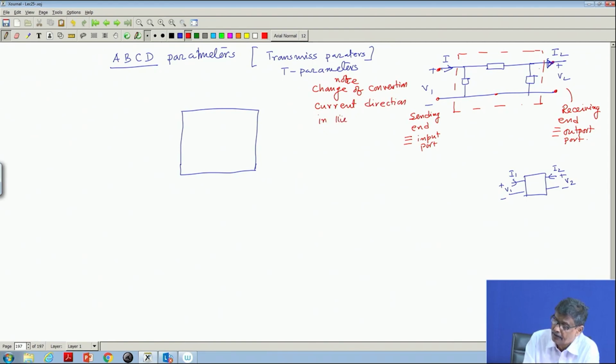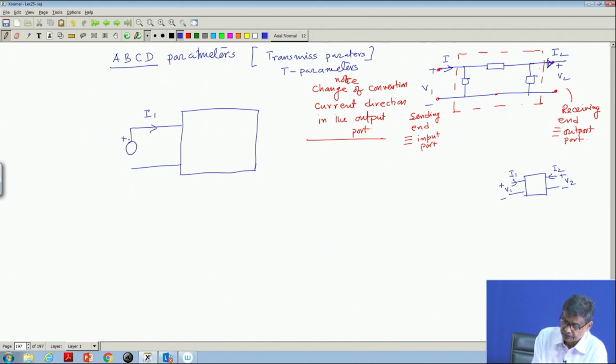While describing the network parameters in this form, for Z, Y and H parameters it was all the same, I1 and I2 entering into the port. But here this side remains the same, this is V1, and this side this is V2, and instead of I2 coming in, I will write like this.